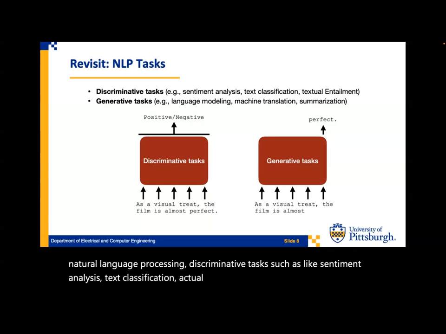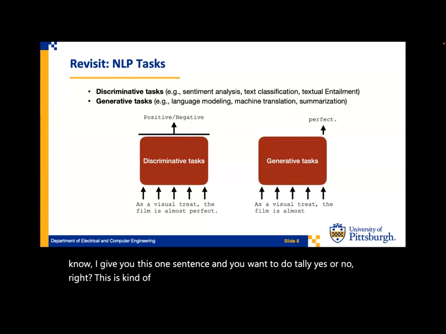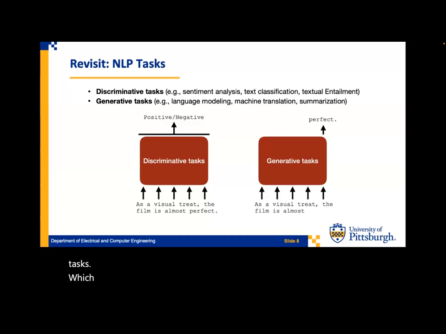Basically, I give you one sentence, and you want to tell yes or no, right? This is a discriminative task. We also have generative tasks, where given part of a sentence you want to generate what's next, including language models, translation, and summarization.